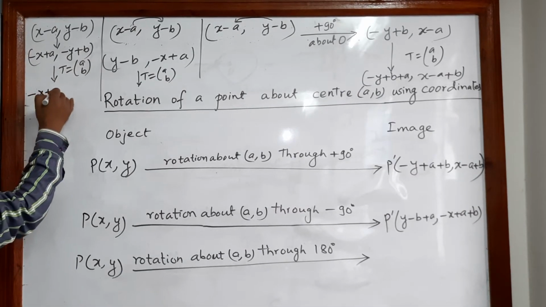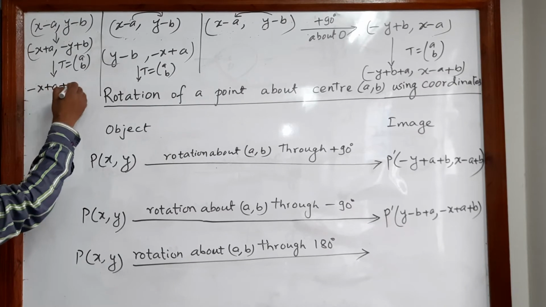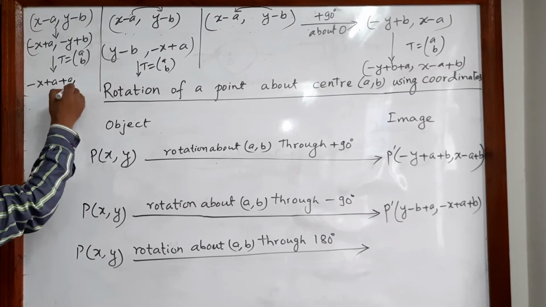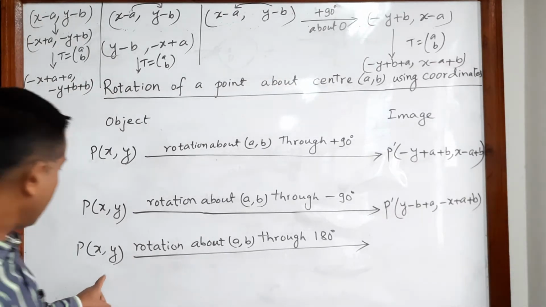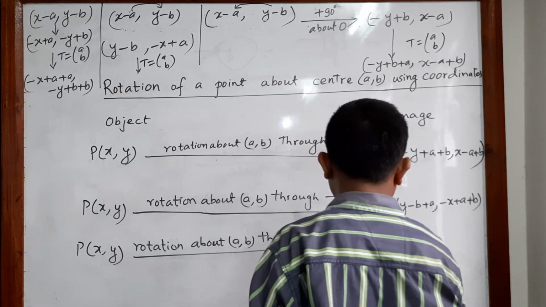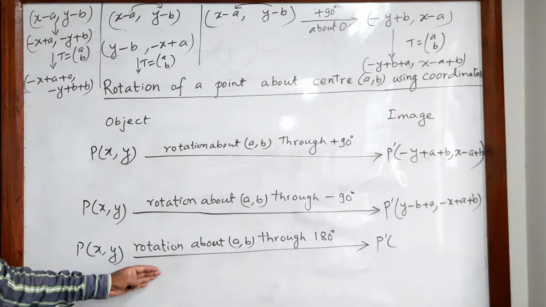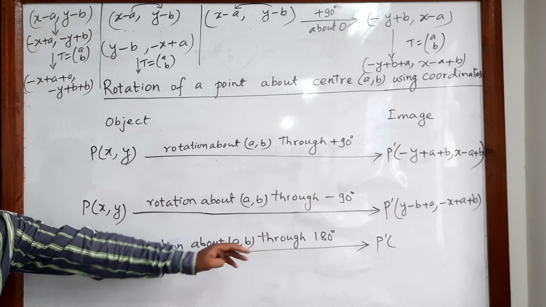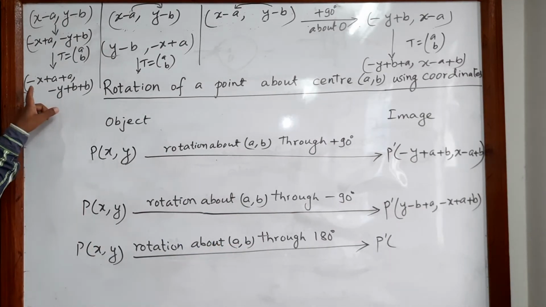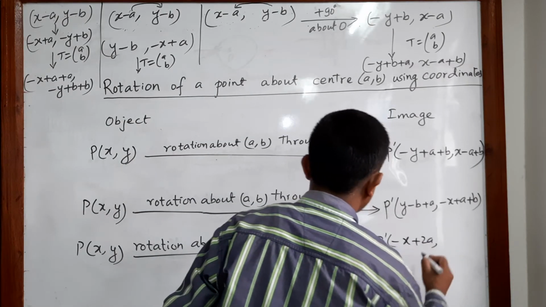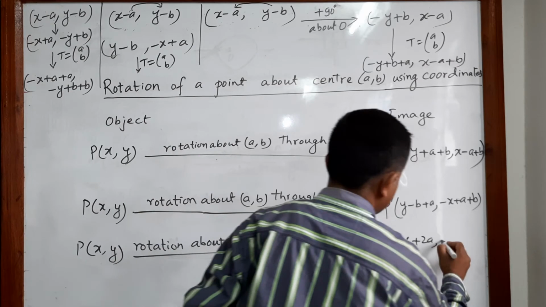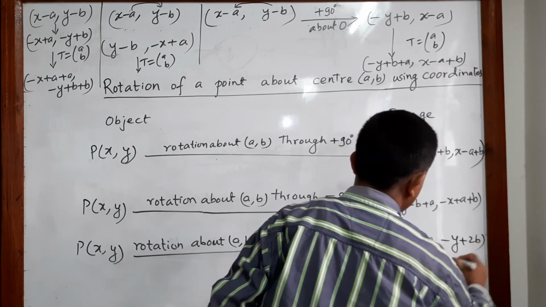So minus x plus a plus a, comma, minus y plus b plus b. In this way, the formula for rotation about AB through 180 degrees is ready. That is minus x plus 2a, comma, minus y plus 2b.